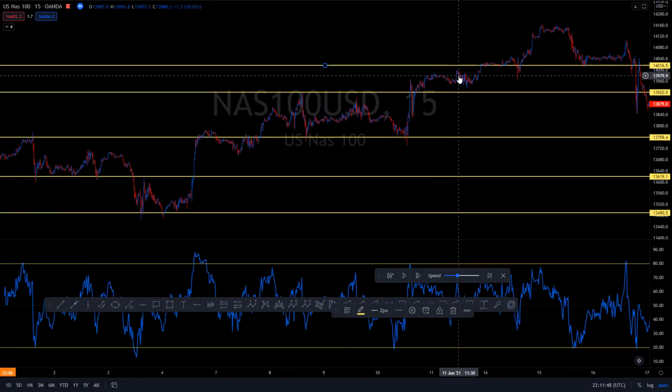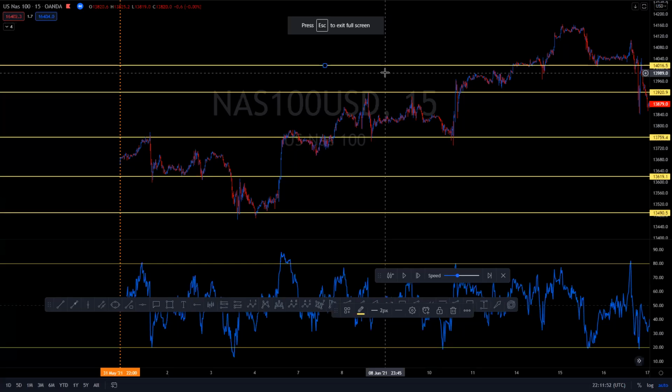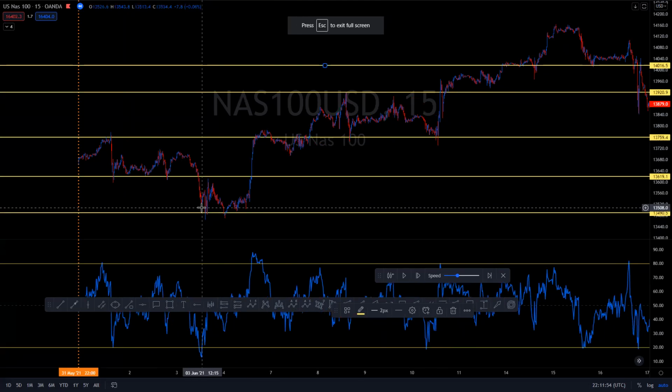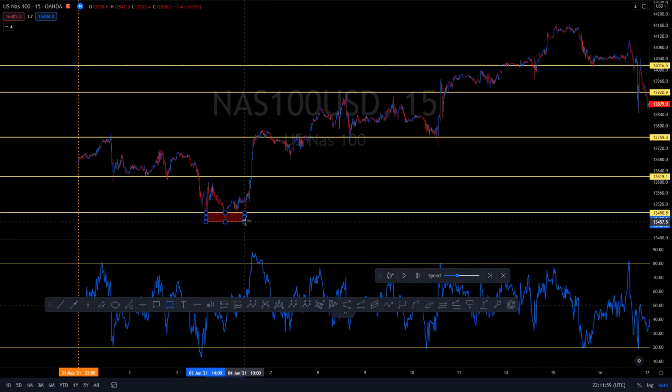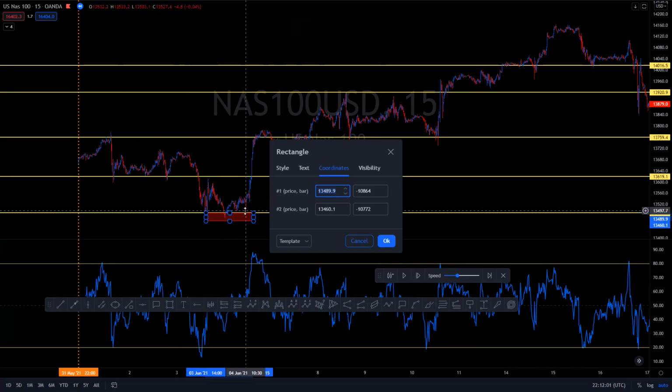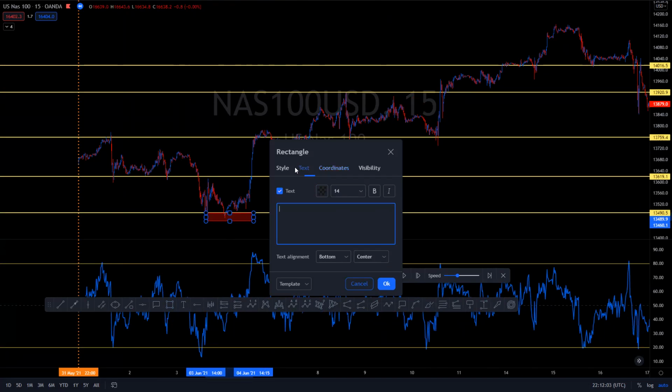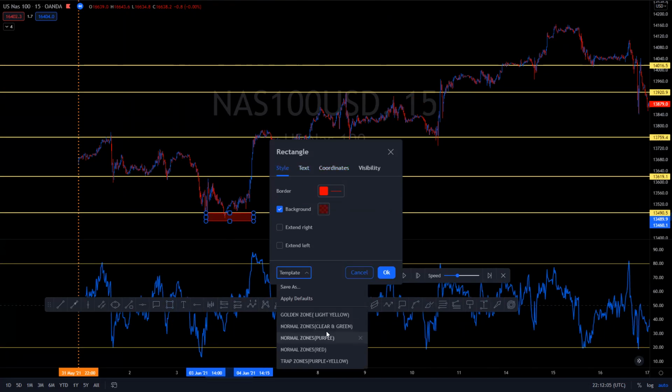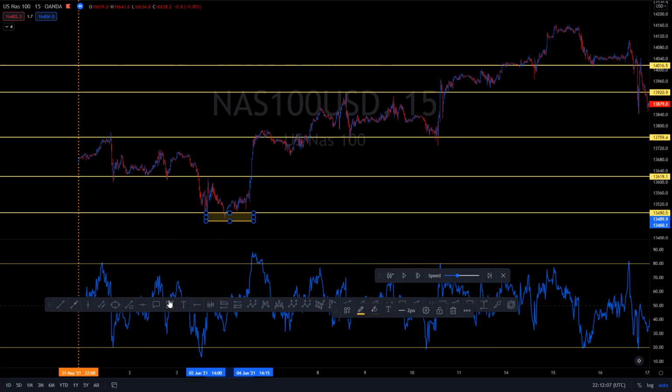All right. So now what I'm going to do is start marking up supply demand zones off of these horizontal lines. I'm going to use the light yellow one.